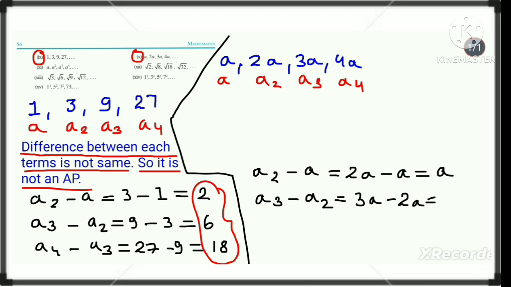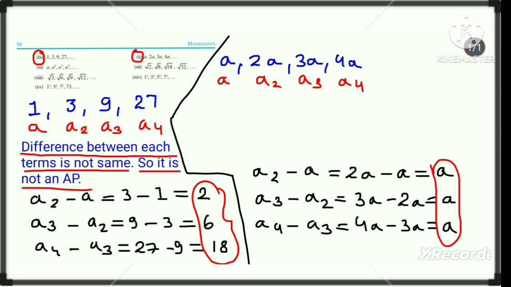Again, after subtracting we obtain the difference between A3 and A2 is a. Now the difference between A4 and A3. A4 is 4a and A3 is 3a, and here also the difference will be a. Students, in this way here we have obtained the same difference, so it is an AP.